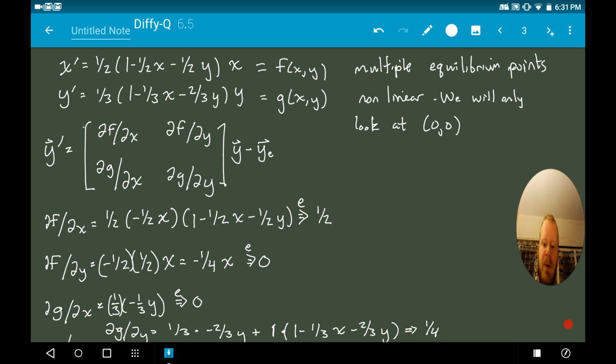Sorry, I'm seeing now what the difference was. I copied down the problem wrong. This up here should be 1/4. So this is 1/2.